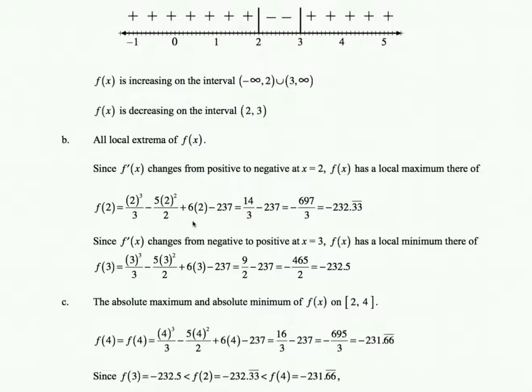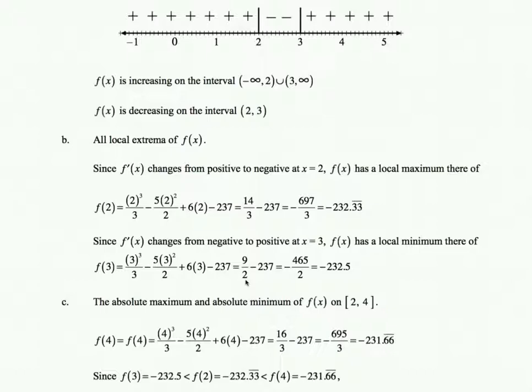And then we see that the derivative changes from negative to positive at 3, so the function's decreasing before 3 and increasing afterwards, and so that means that the function sort of bottoms out there, and so we have a local minimum there. So then we evaluate the function at 3. 3 cubed is 27, 3 squared is 9, times 5 is 45, 6 times 3 is 18, and when you combine all of these with a common denominator and then reduce, you will come up with 9 halves, 9 over 2.